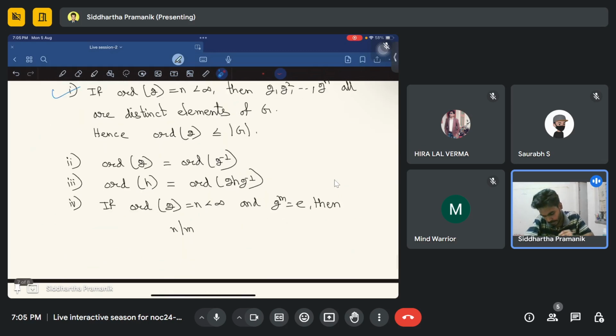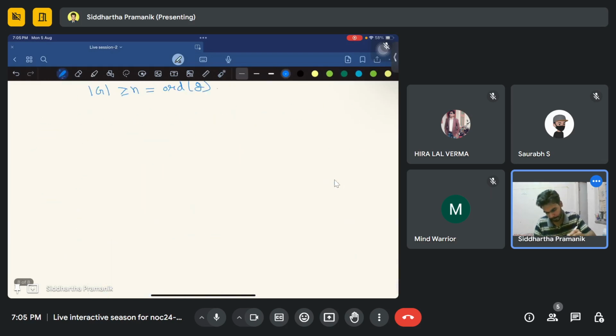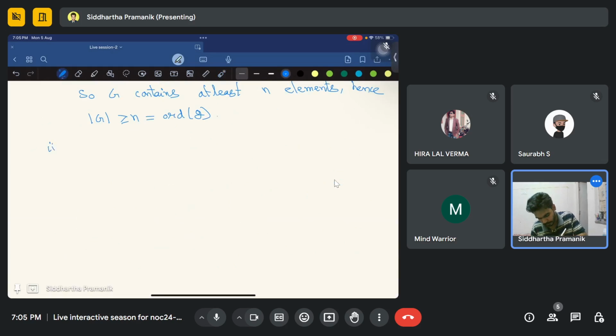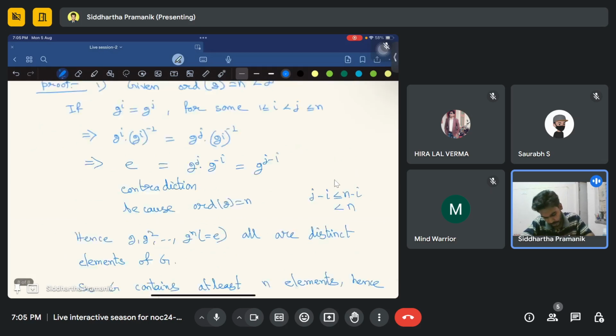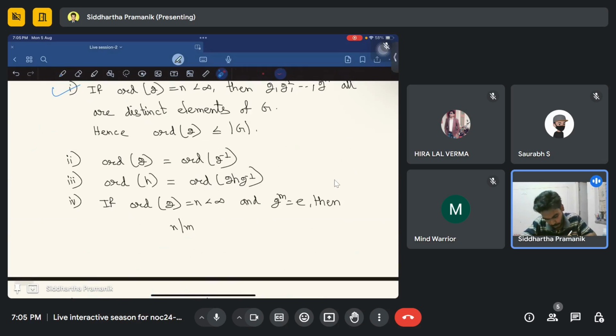Okay, let me do the second one, which is order of g is always equal to order of g inverse. So I will break it down into two cases. First one is when order of g is finite, and the other case is when order of g is infinite. So let's do the infinite case first.